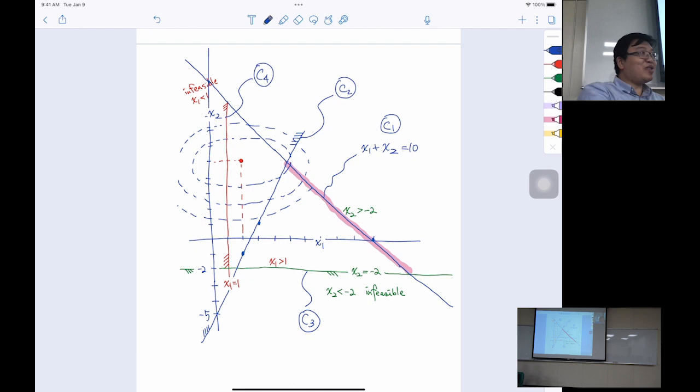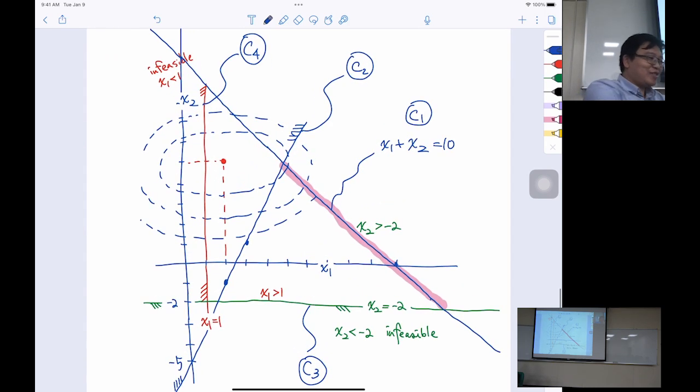Can anyone tell me where's the solution? Yeah, the intersection at the cross between what? Exactly. This is the solution.